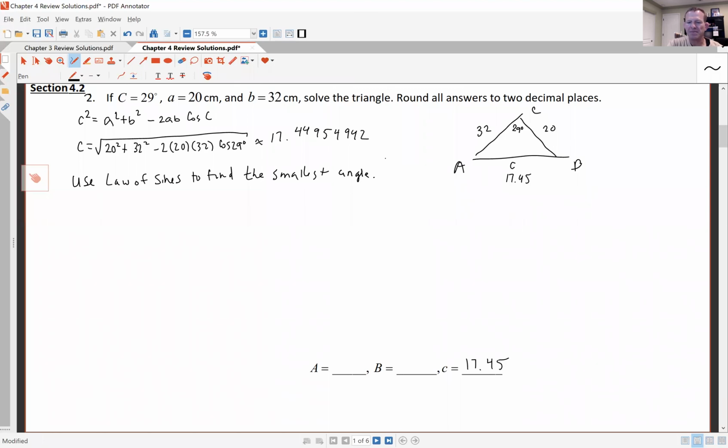We see that's going to be angle A. So we say sine of angle A, which is what we want to find, over its associated side, 20, equals sine of 29 degrees, because that's what we were given, over 17.44954942. Don't use 17.45.